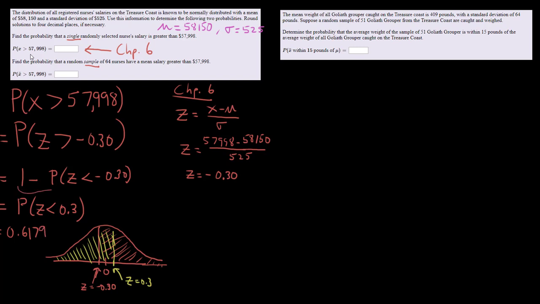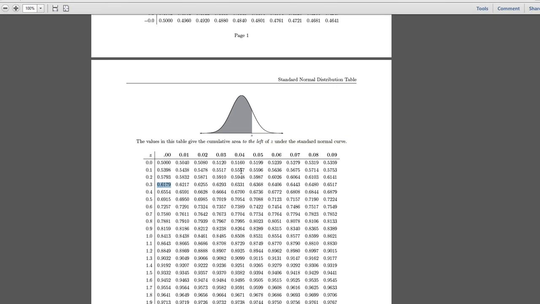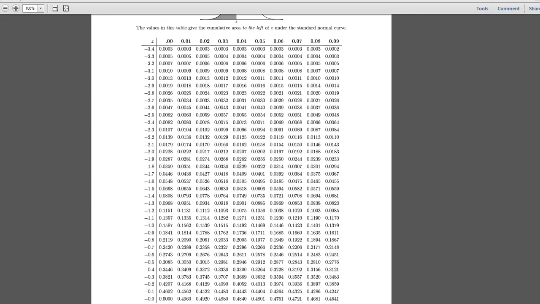that'll be 1 minus. Now let's look up negative 0.3. Going to the negative z value side, negative 0.3 is 0.3821.